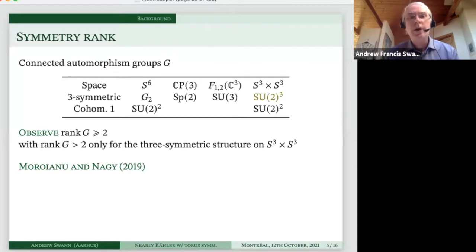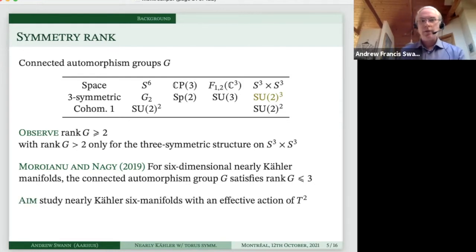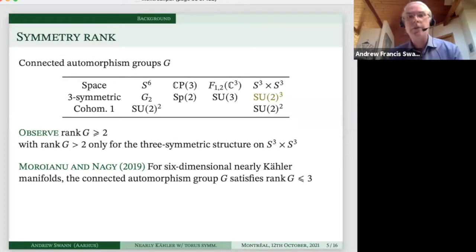Moroianu and Paul-Andi Nagy again studied the situation when you have a 3-torus symmetry. In particular, they proved in that work that the maximal rank of a torus acting on a nearly Kähler manifold is 3. Currently the only example we have that is compact with that property is this S3 cross S3 example with its 3-symmetric metric.